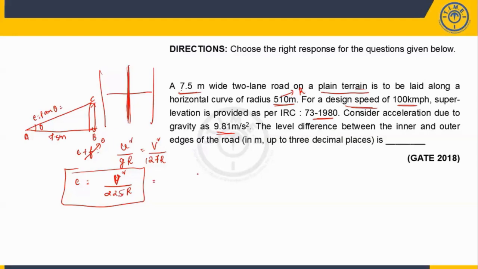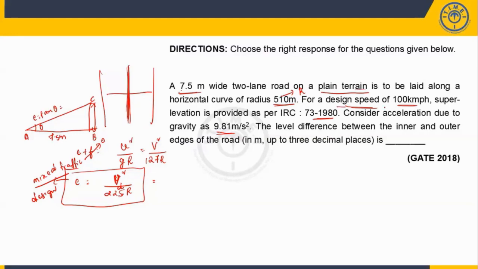Only when you don't have friction can you take this. This is actually for mixed traffic condition or design speed condition. Yes, sir. And in mixed traffic condition, we take V as V design.